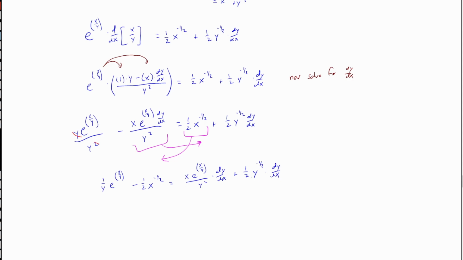Now everything on the right-hand side has a dy/dx in it. We can factor out that dy/dx. The left-hand side, leave alone for the moment.